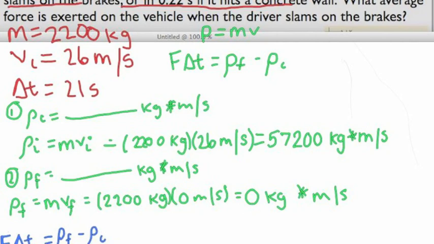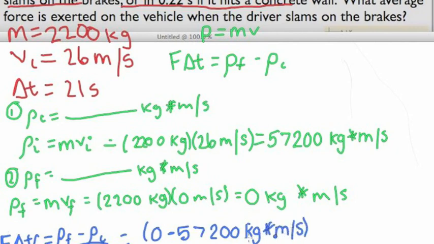Okay, so we can take both sides and divide them by the change in time. And then we can go ahead and plug in our numbers, and that'll give us our force. So we'll have our final momentum, which is 0, minus our initial, which is 57,200 kilograms meters per second, and we'll divide by our time.